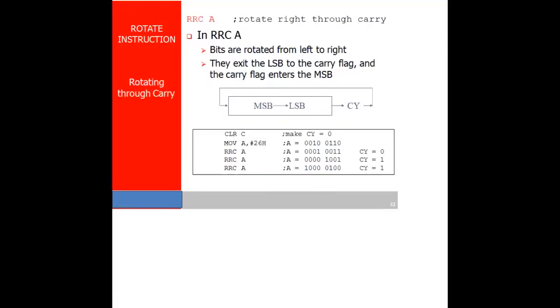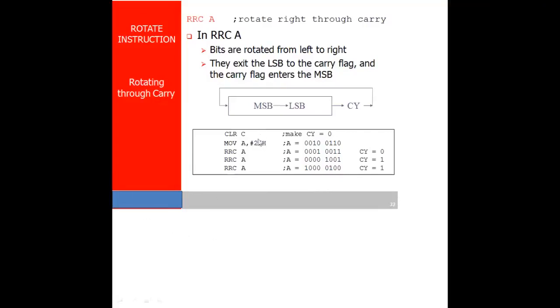Now, if we want to execute the instruction RRCA, then the operation that we executed for the instruction RRA will now be done through the carry, meaning it will execute in the same way but through the carry.